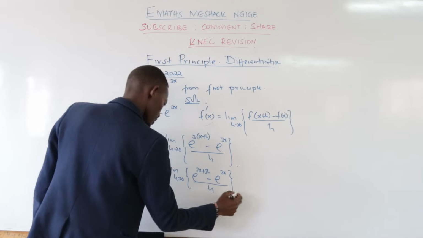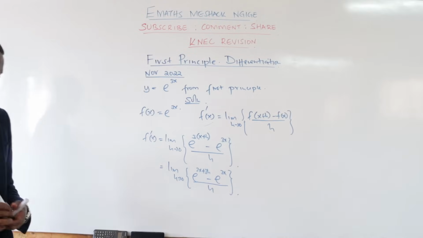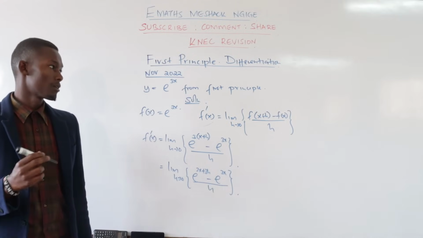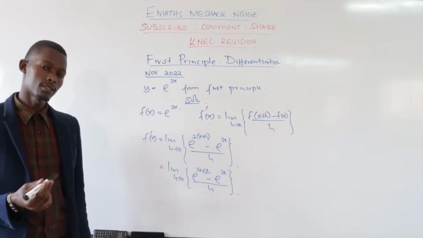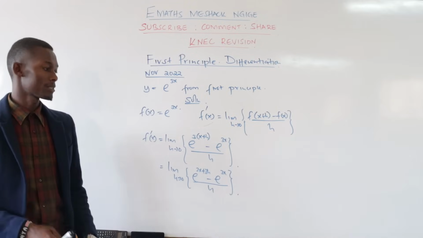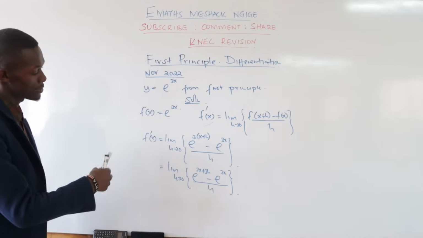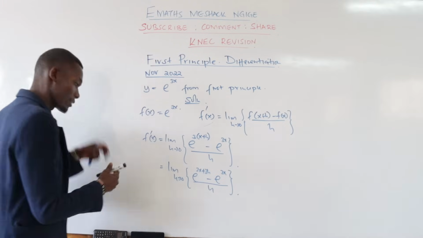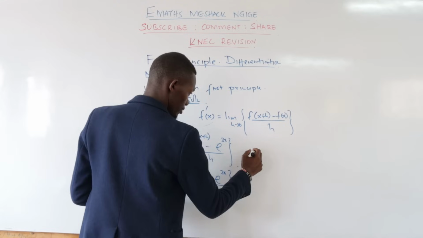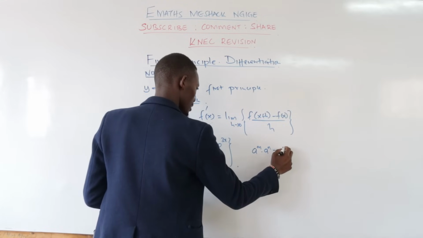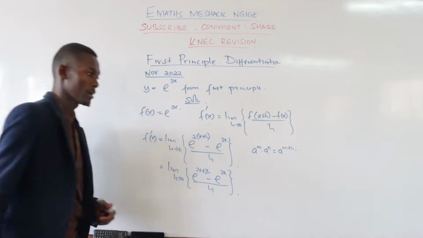h. Now, from the laws of indices, when you have powers which have been added, it means we had a common base, which had different powers, and the powers were added simply because the two terms were multiplied together. From this law, you have the law a^m times a^n is the same as a^(m plus n).